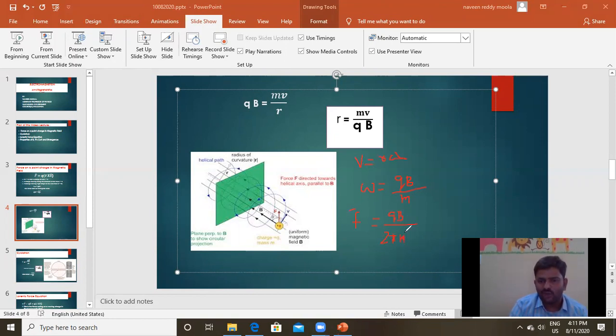If F is equal to qB by 2 pi m, T, the time period between two successive circles, is 2 pi m by qB. We are doing all these things because we are going to see one of the applications of this discussion, that is the cyclotron.